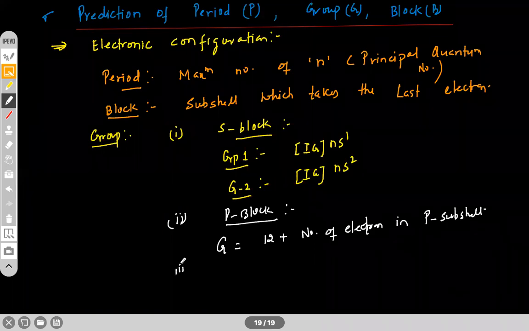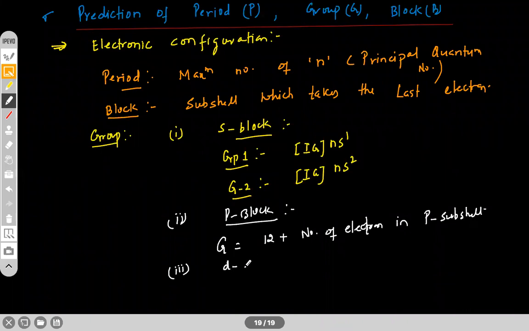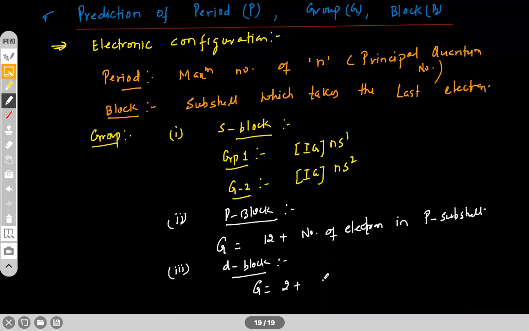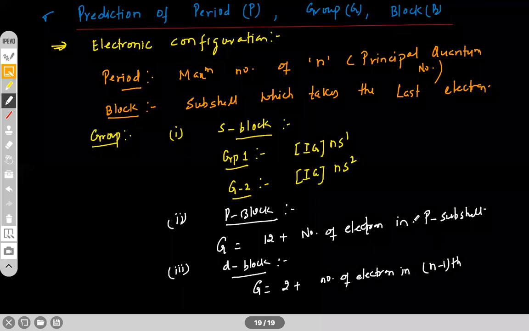Third one. If it is D block, group is 2 plus the number of electrons in the n minus 1th D subshell, meaning the inner shell, not the outermost shell.